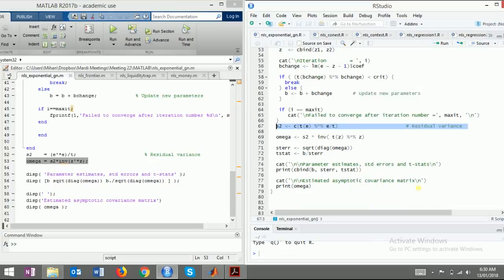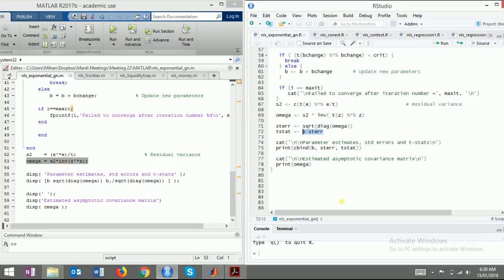Parameter estimates: print column bind, B, the parameter estimates, then standard errors, which is the square root of the diagonal of omega, the diagonal elements square rooted. The t-statistics is B divided by the standard errors. The estimated asymptotic covariance matrix is omega.